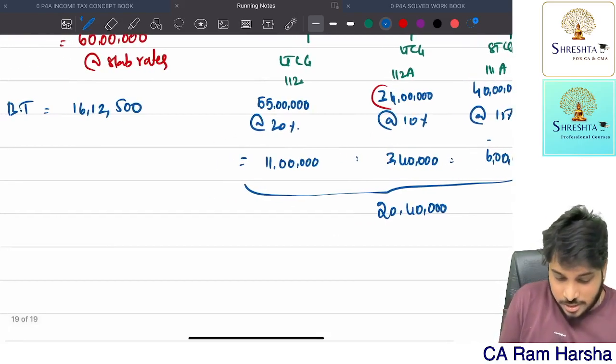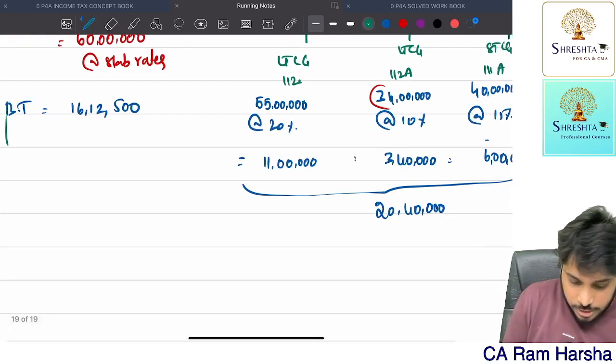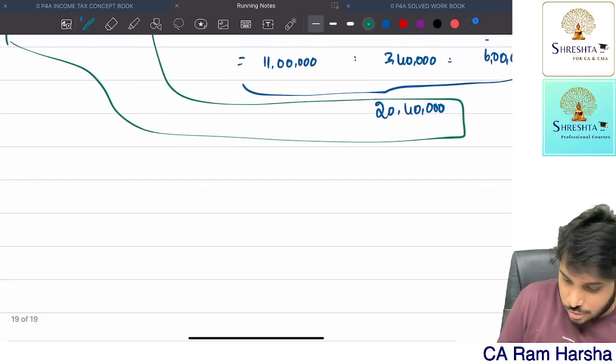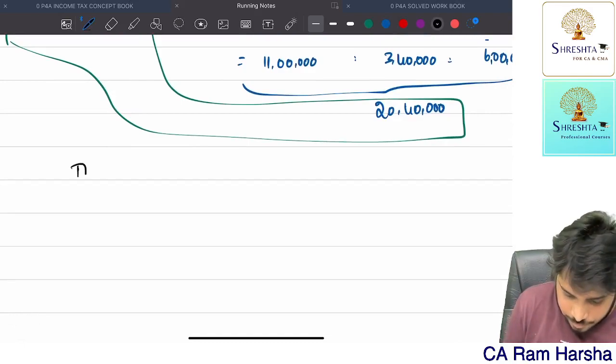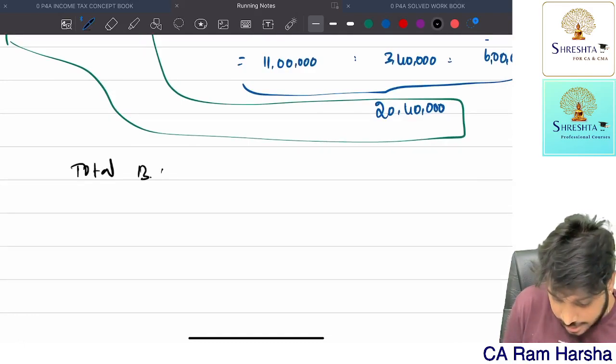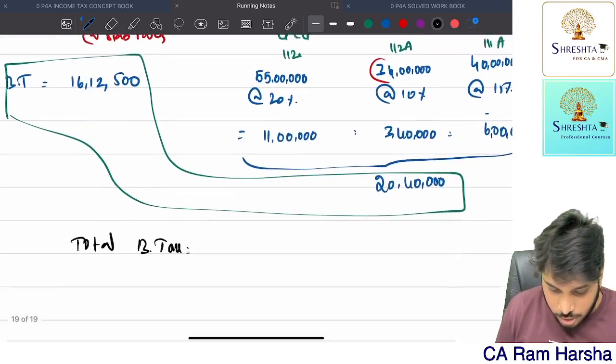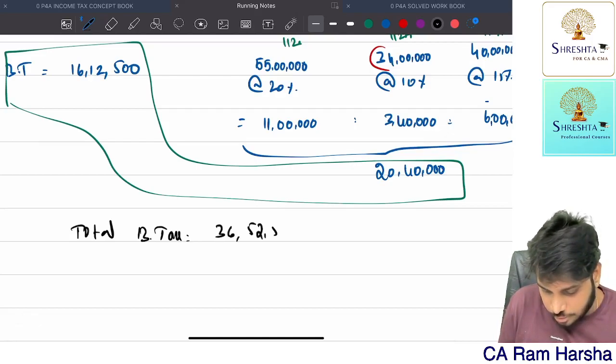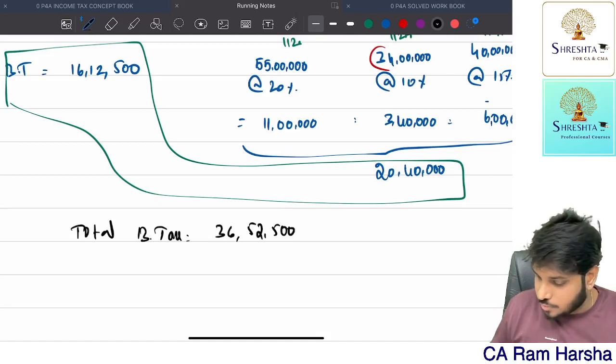Now what is the total basic tax? I need to consider both. Basic tax is equal to 36 lakh 52,500. Correct? 20.4 plus 16.125. So 36 lakh 52,500.